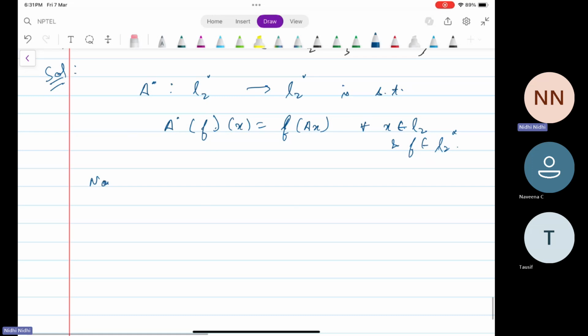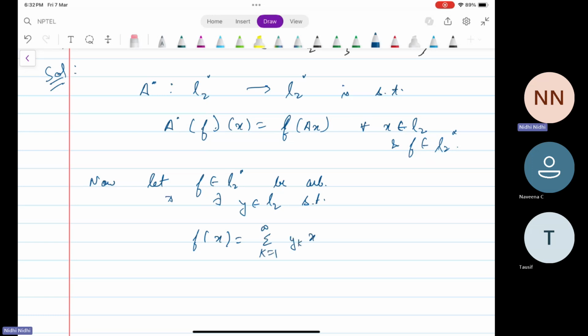Now let f belonging to L2 star be arbitrary. This implies there exists some y in L2 such that f of x is summation k from 1 to infinity yk xk for every x equal to x1, x2, and so on in L2.